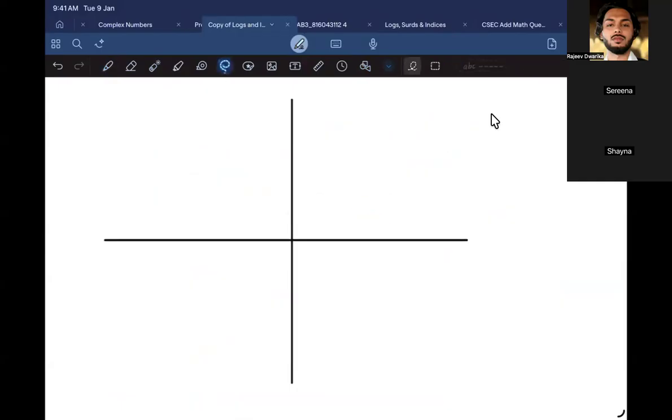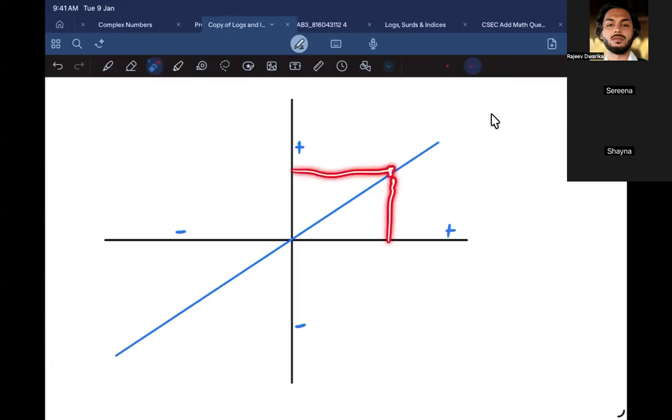So Sheena, we know that this is positive, positive, this is negative, this is negative. Yes, sir. Okay, so if I draw a gradient like this, think of it like a positive divided by a positive. It's a positive. And it's also in the third quadrant.